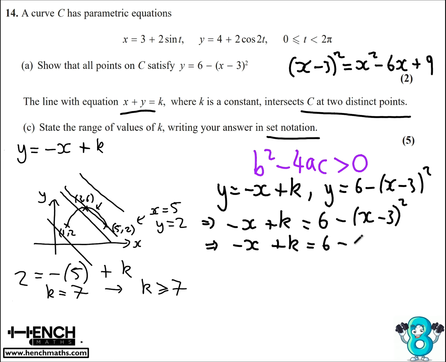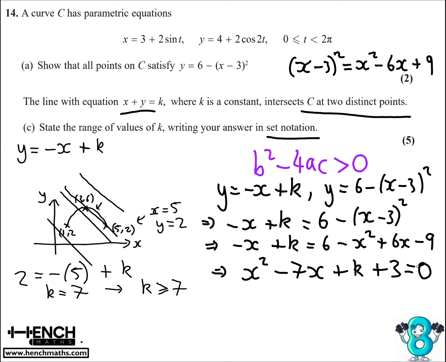So we're going to get subtract x squared plus 6x subtract 9. I'm going to bring this all over to one side. We want our quadratic equal to 0, so I'm going to get positive x squared, negative x, so negative 7x, and then plus k, 6 subtract 9, so we get plus 3 equals 0.